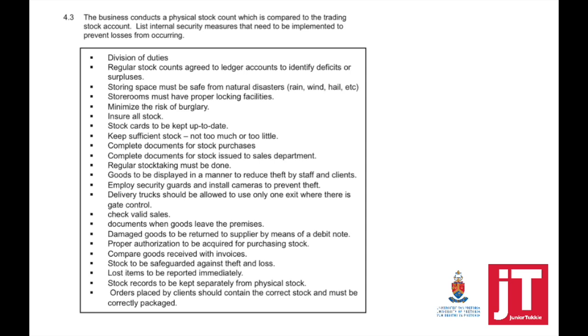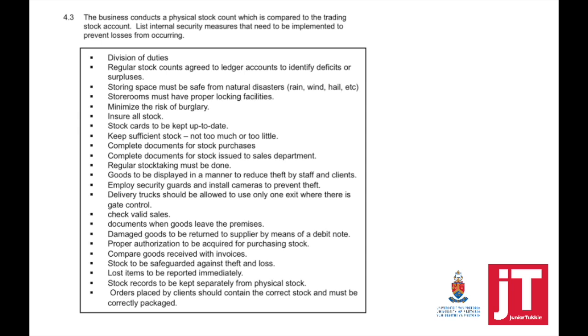The next question, the business conducts a physical count, which is compared to the trading stock account. List internal control measures that need to be implemented to prevent any losses. So here are all the possibilities that you can write. Make sure that you study that.